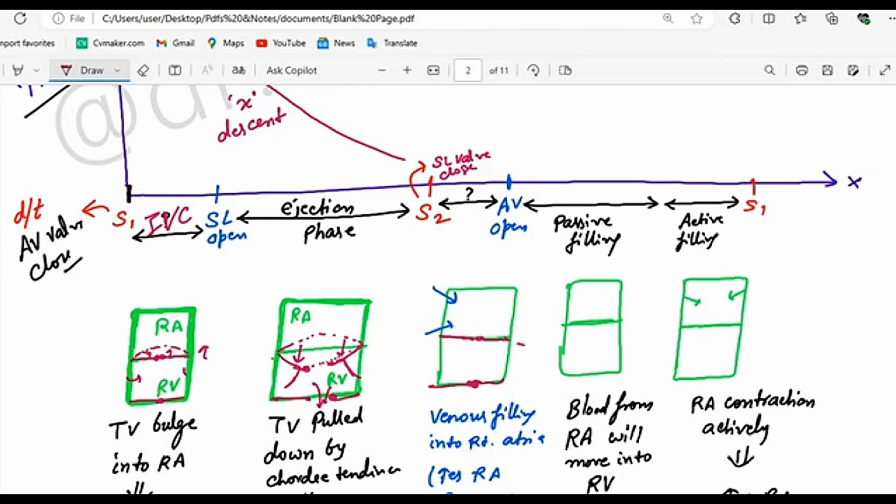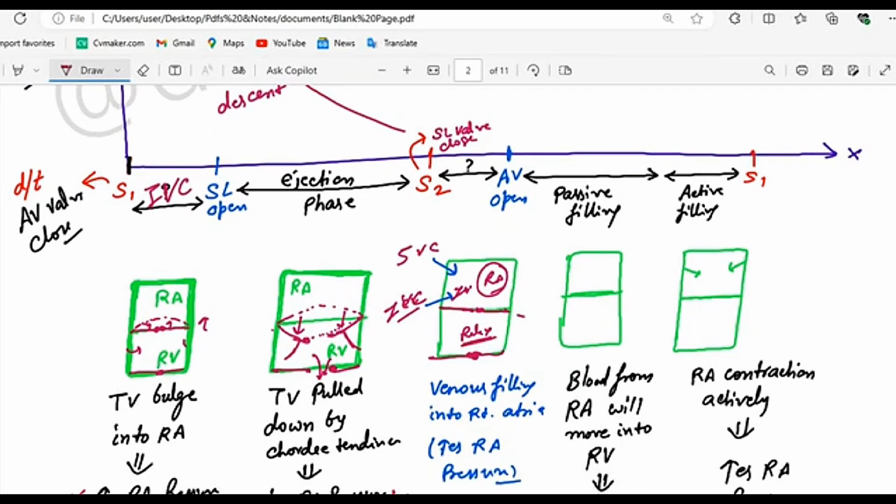Now there will be the superior vena cava and inferior vena cava, so there will be filling of the atria. The blood will come from the superior vena cava and inferior vena cava and fill into the right atrium. If the blood is filling into the right atrium and the AV valves are closed, we call this phase the isovolumetric relaxation, because the ventricles are in the relaxed position.